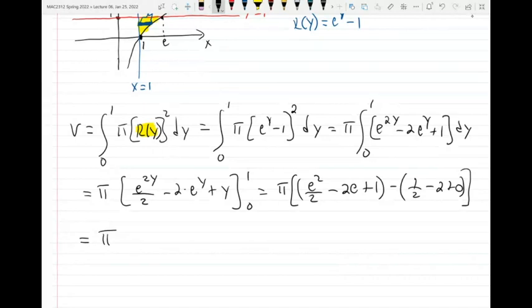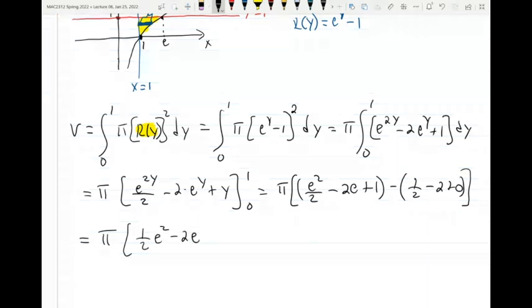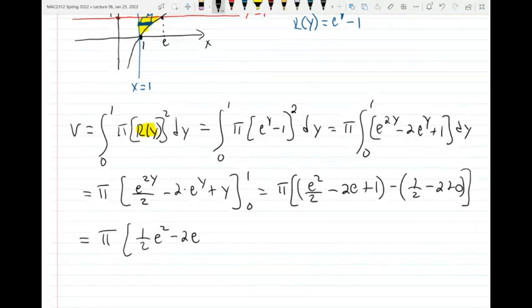So that would be, and we combine something nicely here. So as 1/2 e squared, that stays like that, minus 2e, and then we're gonna have here, this is positive 2, so that's a 3. 3 minus 1/2. What's 3 minus 1/2?